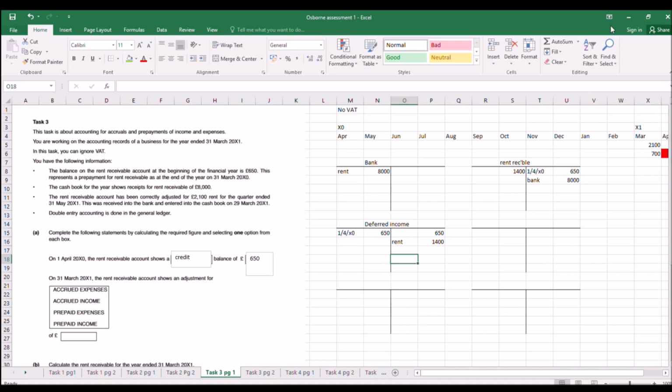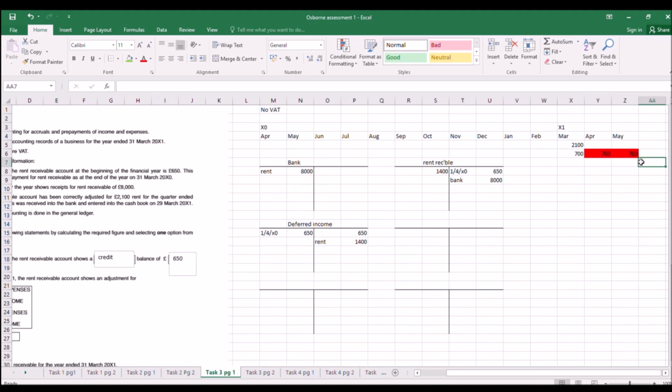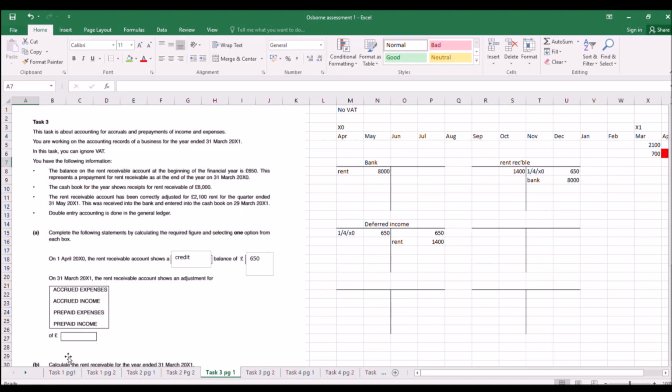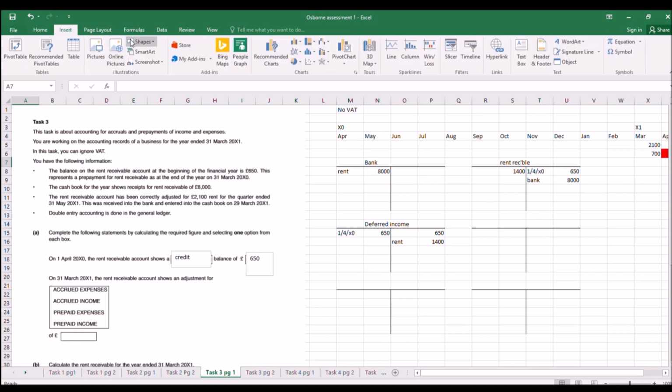This would be that we received the invoice over here in May, or we received the payment in May, and it was actually relating back to these periods here. So that's not what happened. So it's not accrued income, which is the opposite. It's not a prepaid expense, so it'd be prepaid income. So it's going to be this one.